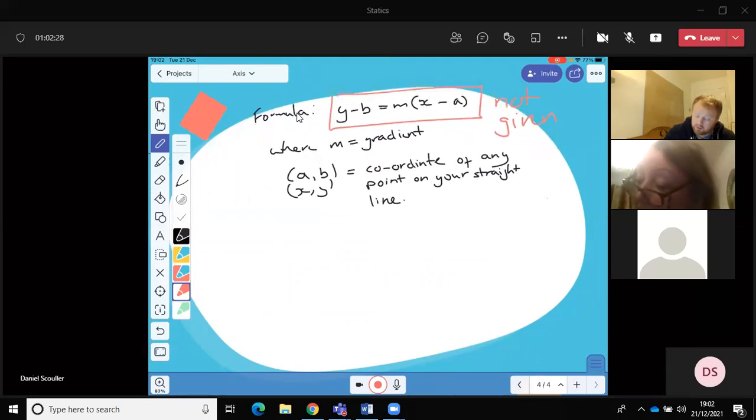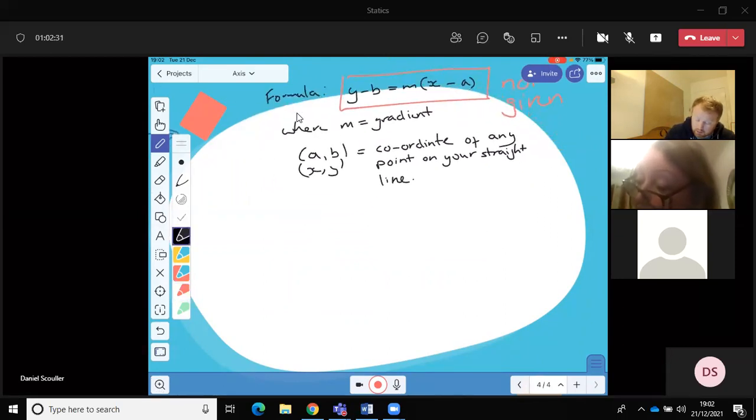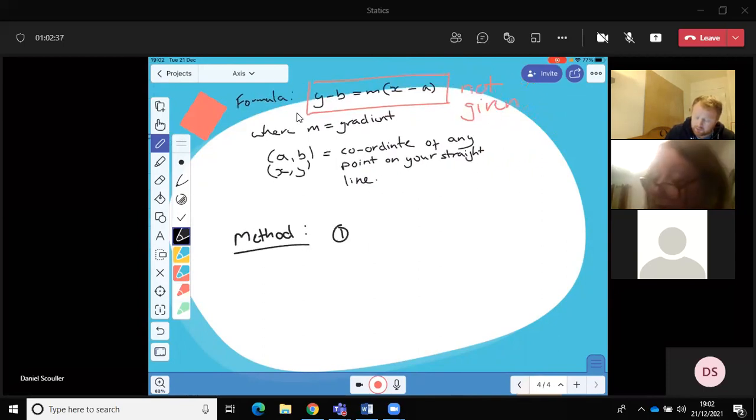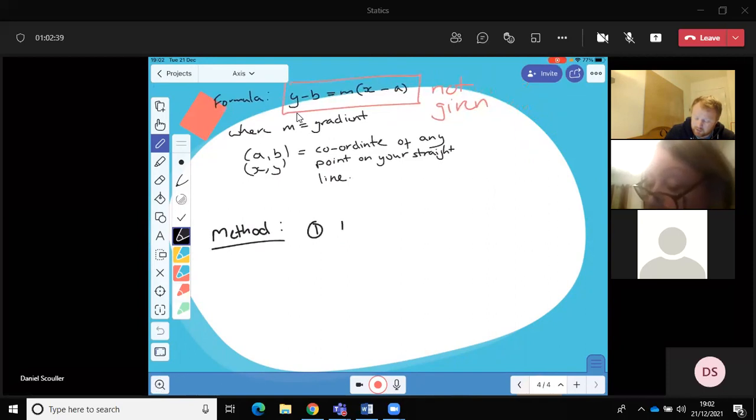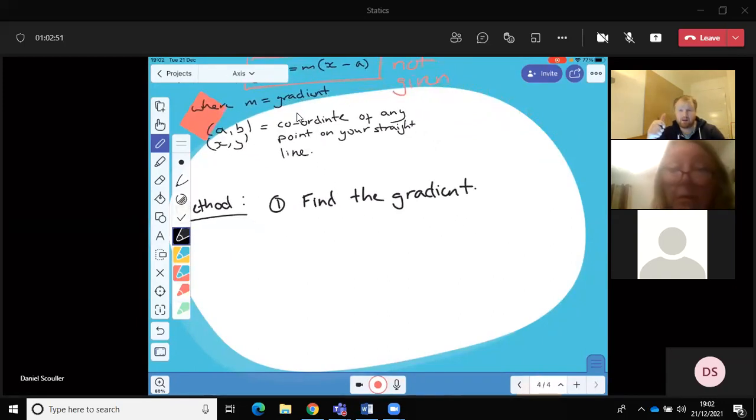What is the method? What are we trying to do? The method that we're going to follow: first step is find the gradient. You'll either be given the gradient in the question, or you'll have 2 points on the straight line that you can use.